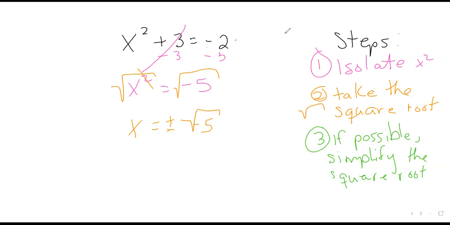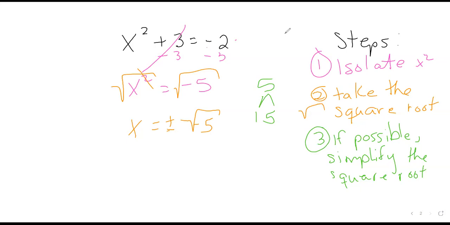You can't really simplify 5. It's only 1 and 5. Right, so if I do my tree, it's only 1 and 5. There's no pairs, there's nothing else I can do. So I can't take anything out of that. But what else is different from the other one? It's a negative. It is a negative.